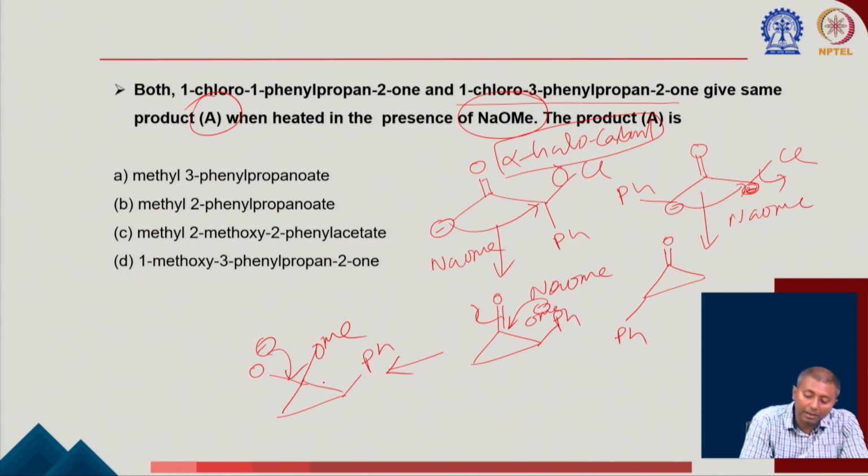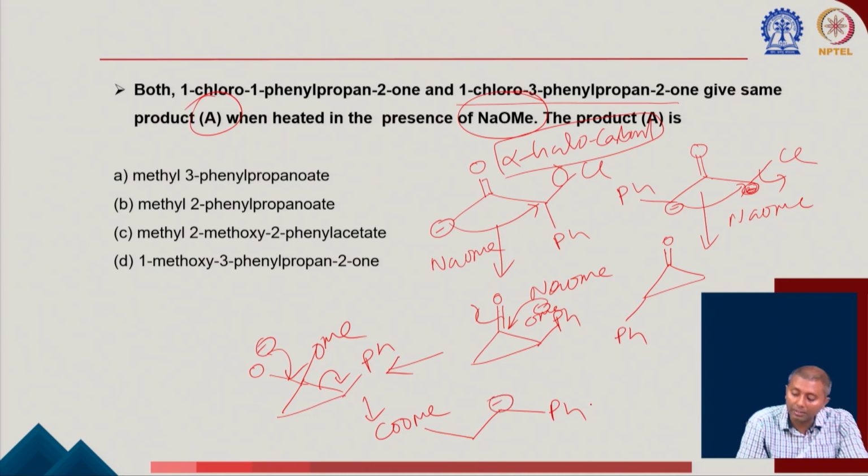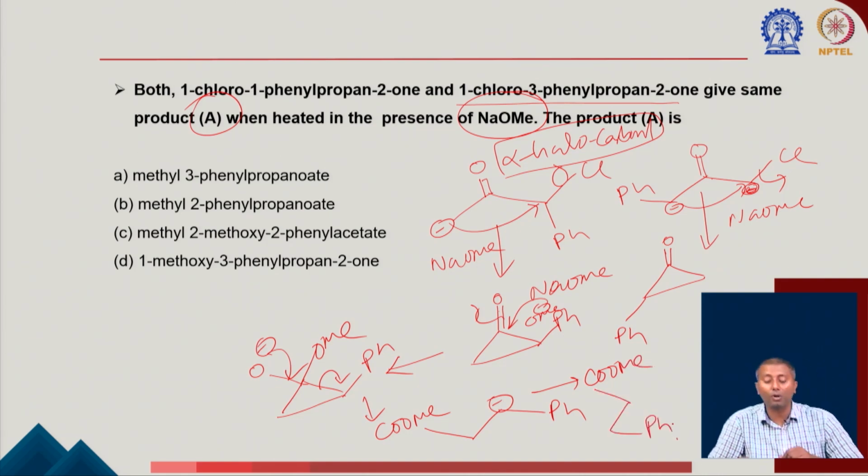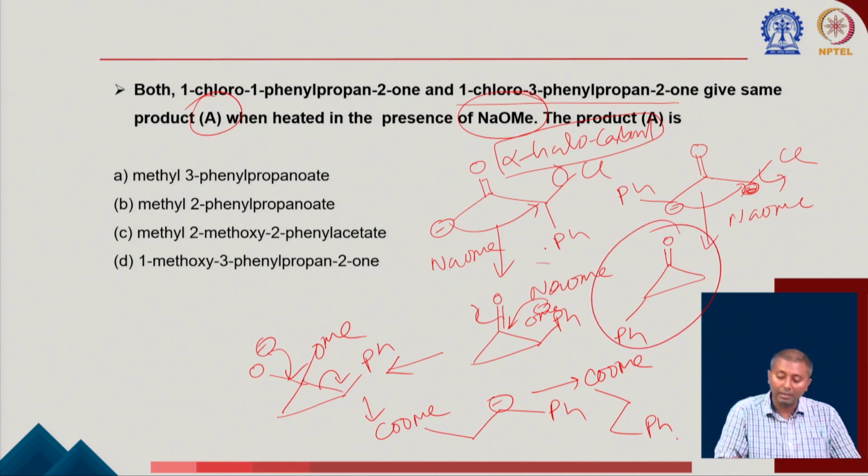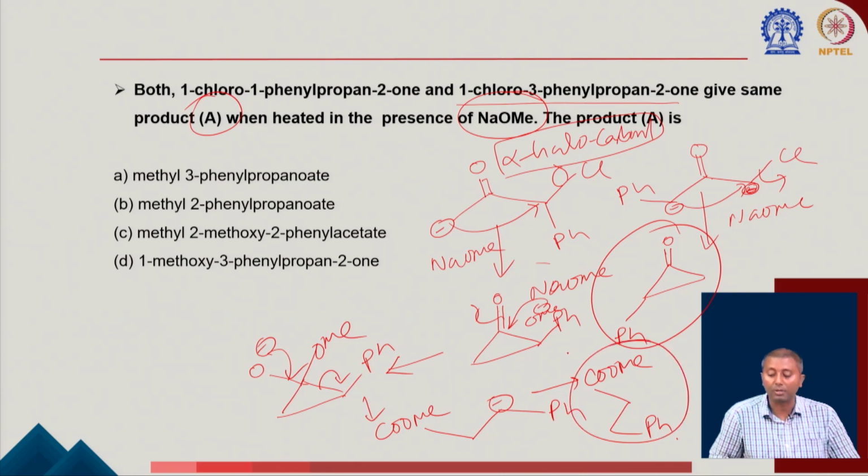This can come back and form the corresponding ester there with a CH2 minus Ph, which can take a proton to get to the corresponding product. Okay. So that's why both of these are going to end up forming this same intermediate for the Favorskii and then end up forming the same product.